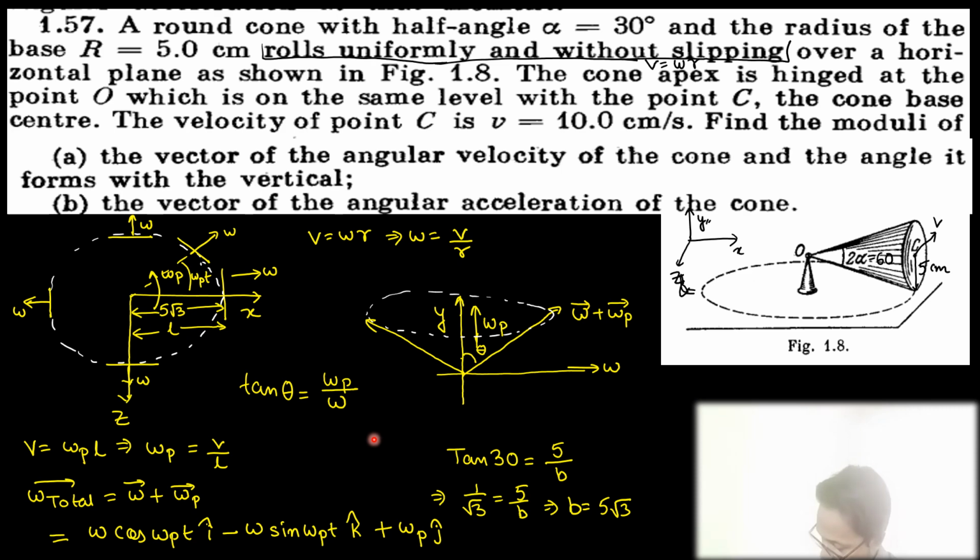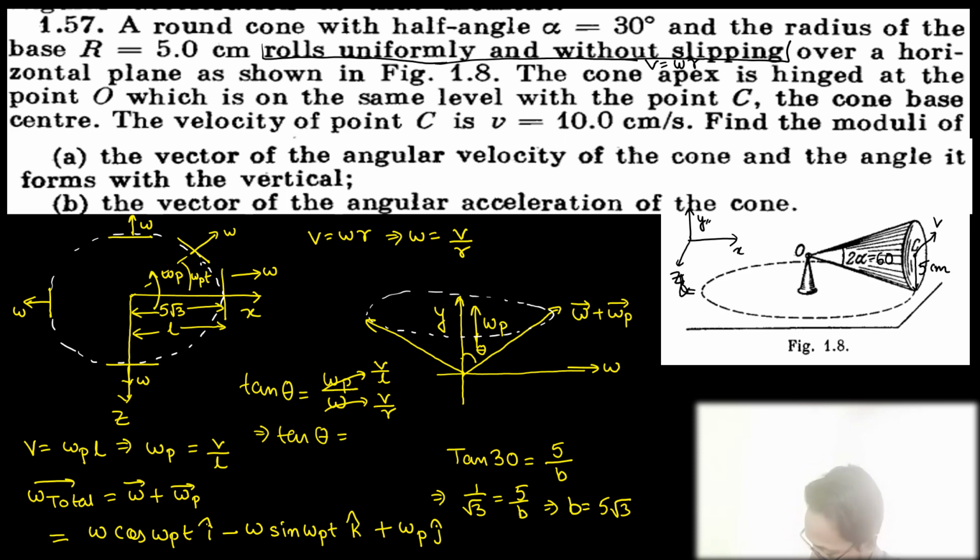Okay, the magnitude of omega is v by r. So tan theta is equal to, this would be replaced by v by r. What is the magnitude of omega p? It is v by l. So omega p is nothing but v by l. We're dealing with only the magnitudes.